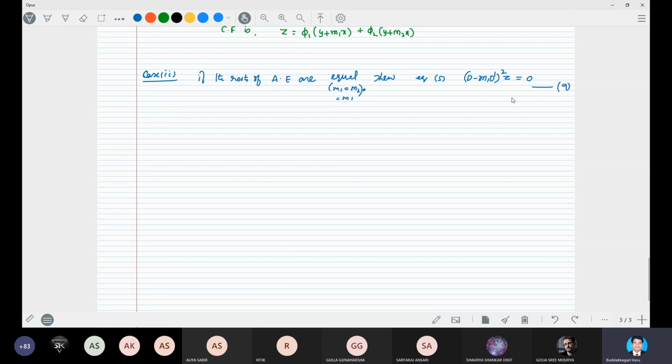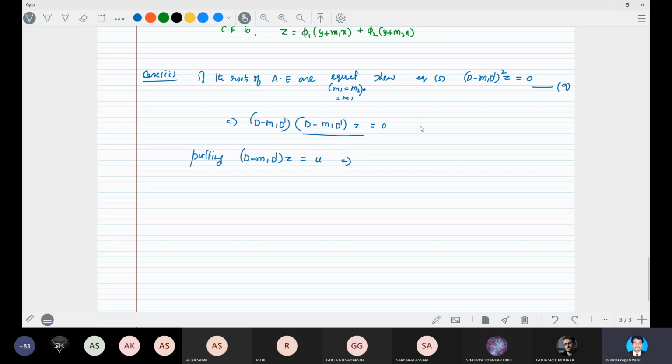Now how do we get the solution of this equation? We write it as (D minus m1 D dash) into (D minus m1 D dash) z is equal to 0, because there are two roots. For that, putting (D minus m1 D dash) into z is equal to u, some substitution we considered, this part as u.